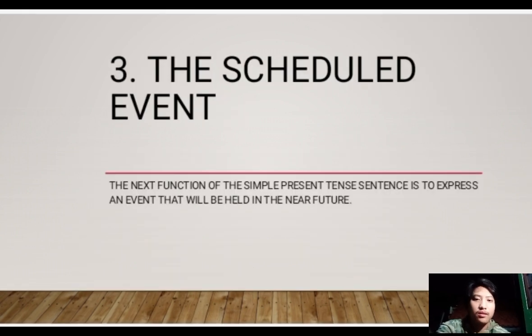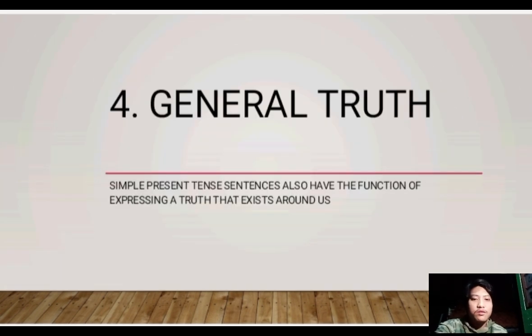Number three, the scheduled event. The next function of the simple present tense sentence is to express an event that will be held in the near future. Number four, general truth.